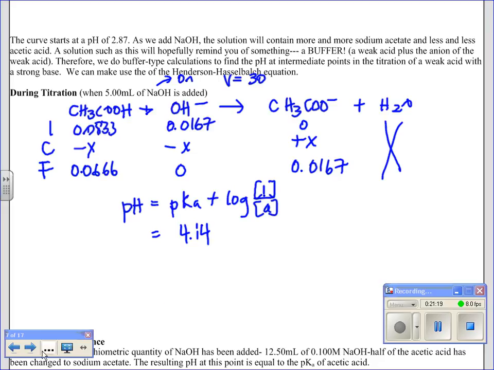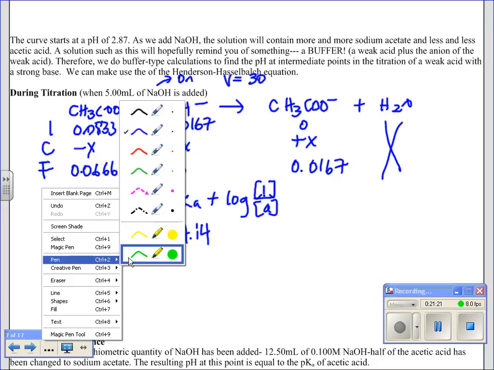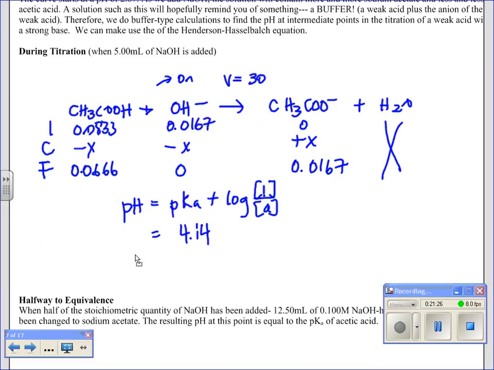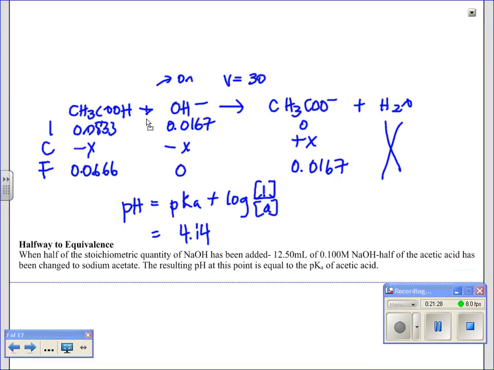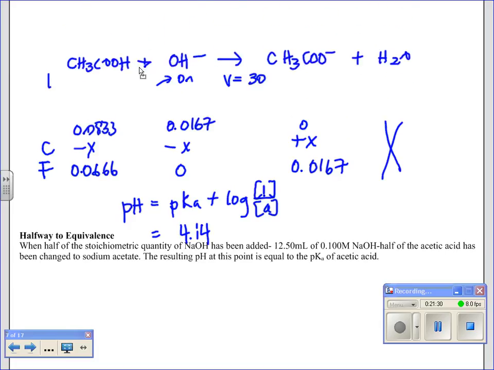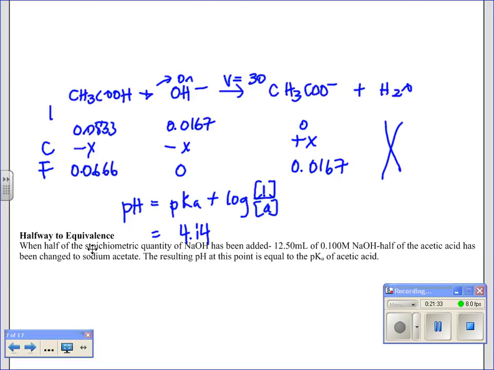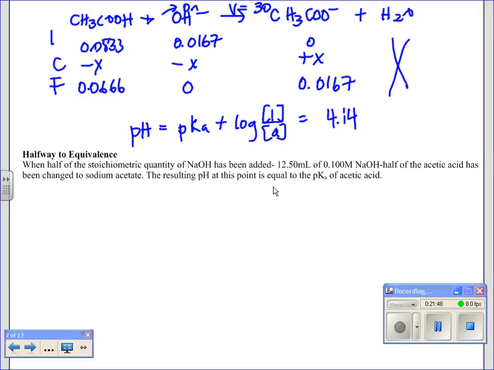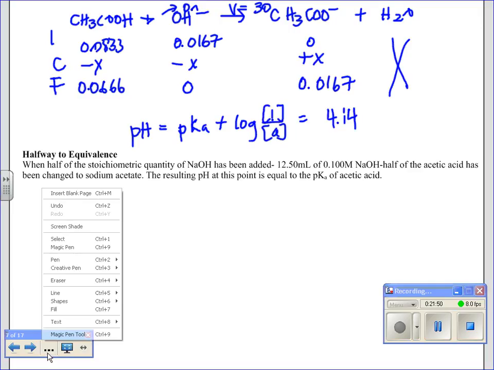Now next we're going to look at halfway to equivalence point. Halfway to equivalence point is a special point in the titration. The volume at this point is 37.5 milliliters.